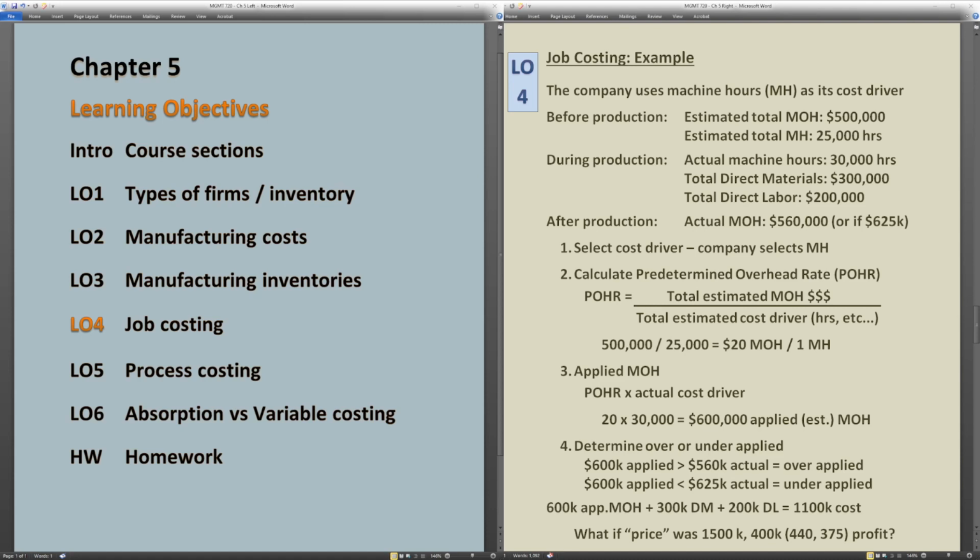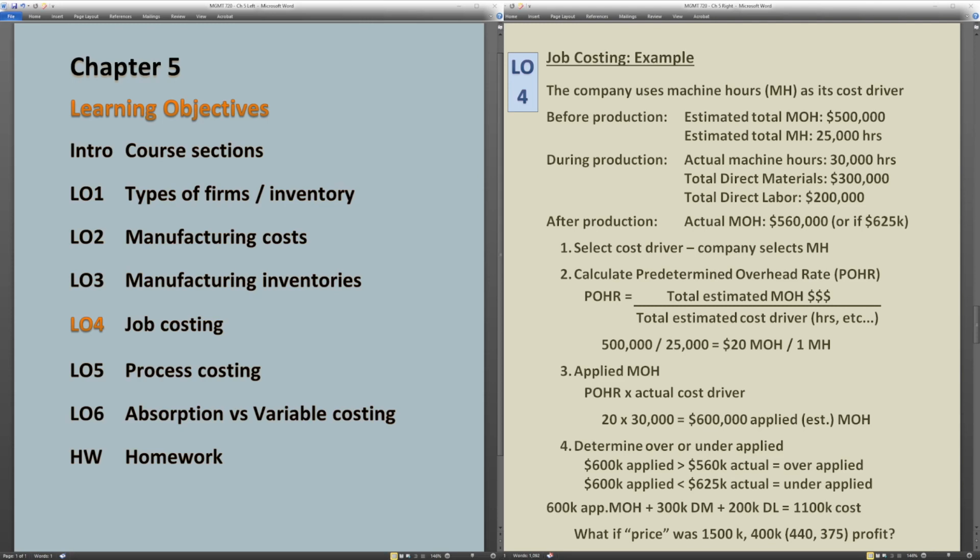Now, a lot of times students get confused because they say, well, if I already know the actual MOH, why can't I just use that number? Well, it's because the question hasn't done a good enough job stating that these bits of information don't all come in at the same time. You use the before production estimates to come up with your predetermined overhead rate.